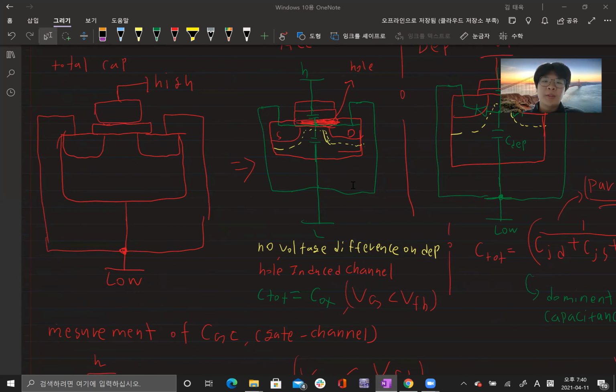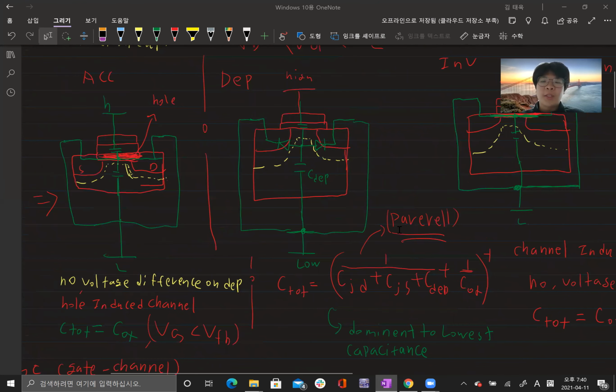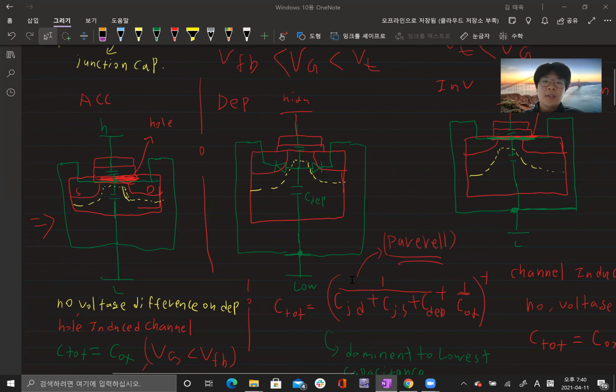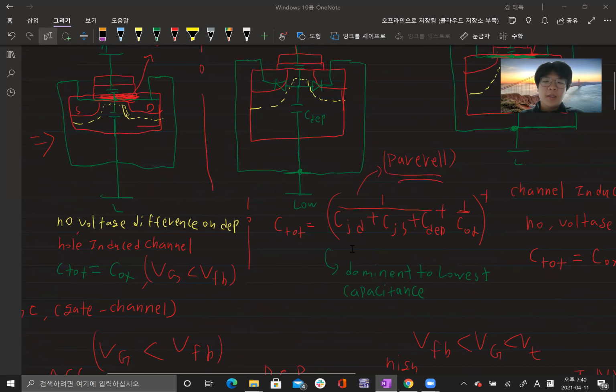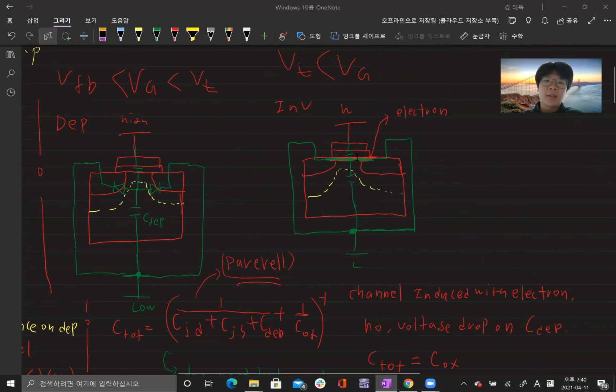So there is no voltage drop on depletion capacitance. Secondly, there is a depletion region. In depletion regions, there are an oxide capacitance and the parallel connection between junction capacitance and depletion capacitance. And in the inversion region, there is an electron channel.